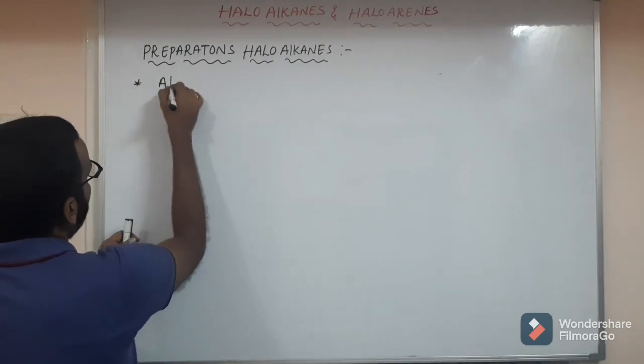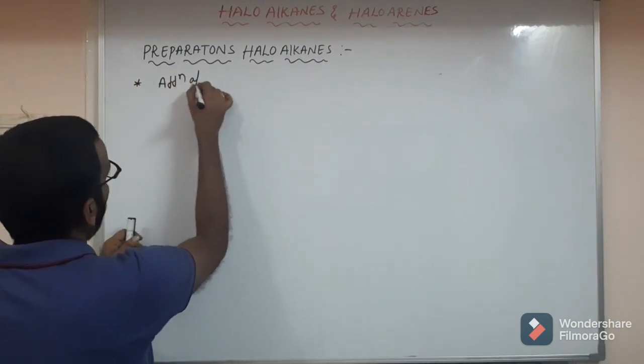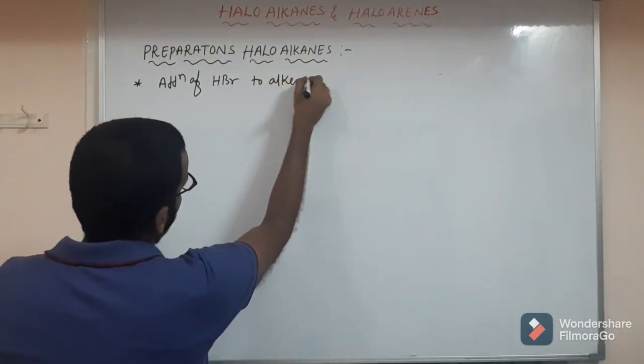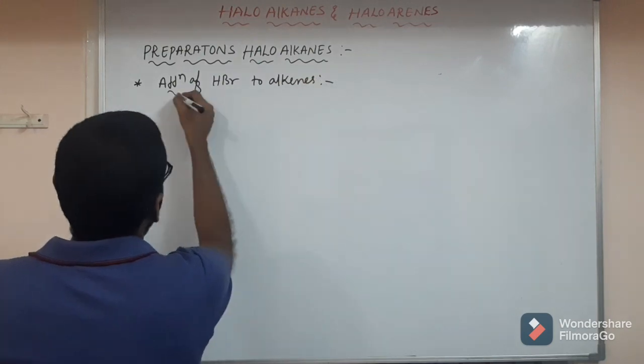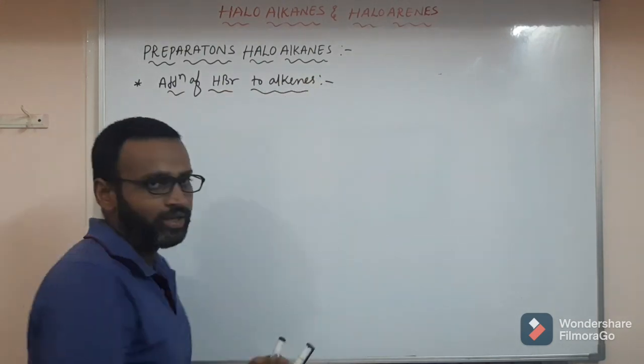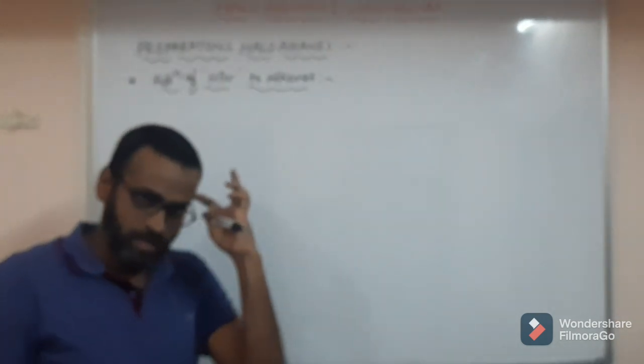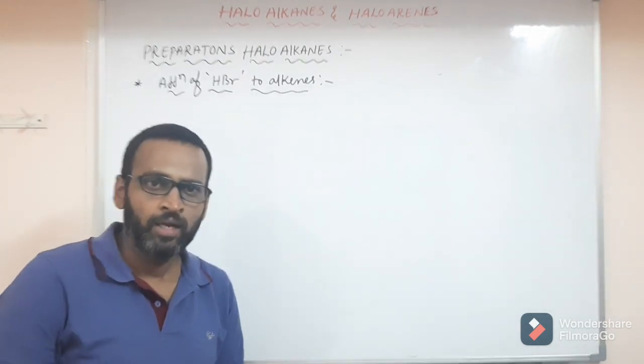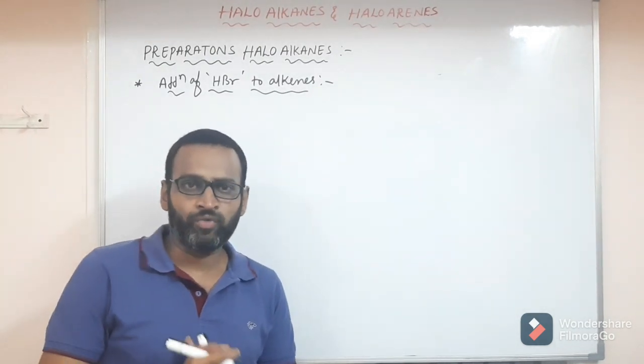So addition of HBr, suppose, to alkene, because for HBr only we have this kind of exceptional things. Here we use Markovnikov rule and Anti-Markovnikov rule. What is Markovnikov rule?